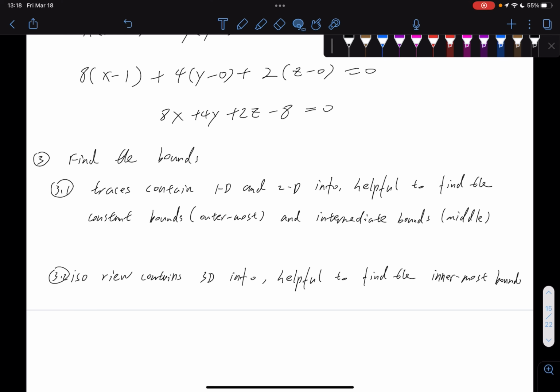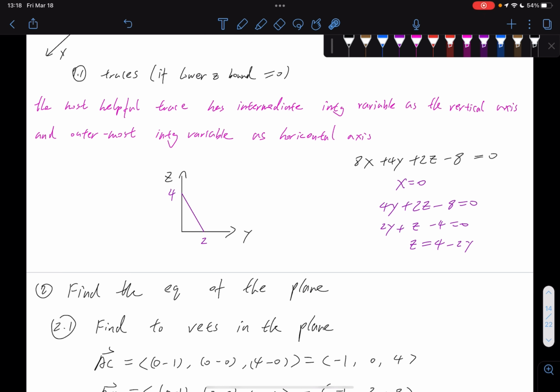Again, traces contain one-dimensional and two-dimensional information, which is helpful to find the constant bounds on the outermost integral and the intermediate bounds of the middle integral. So let's go back to the trace.